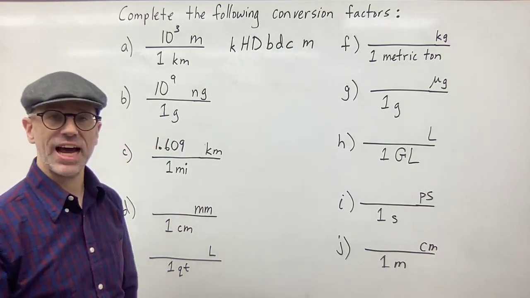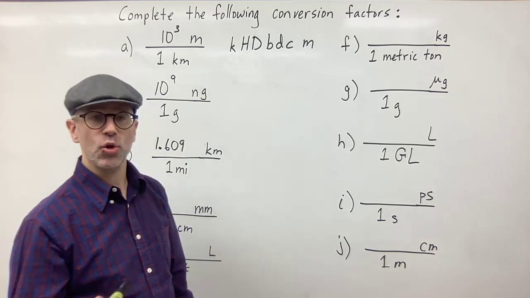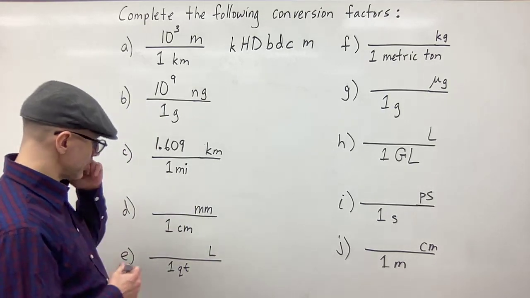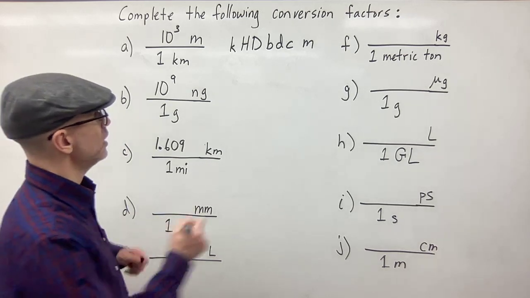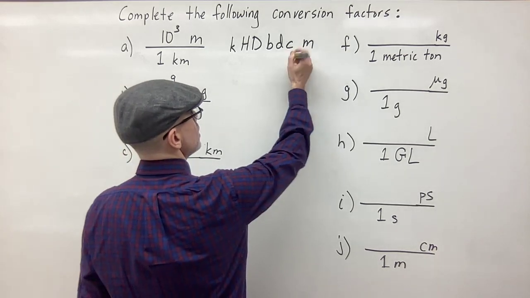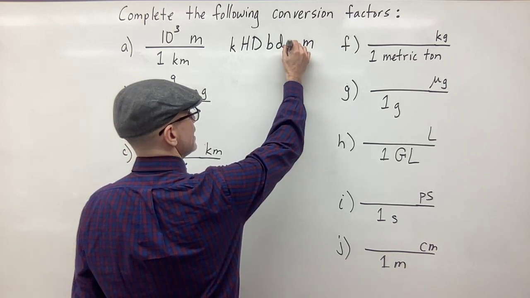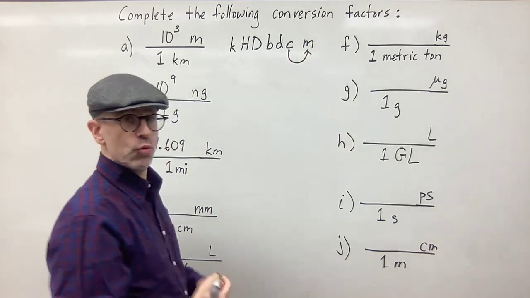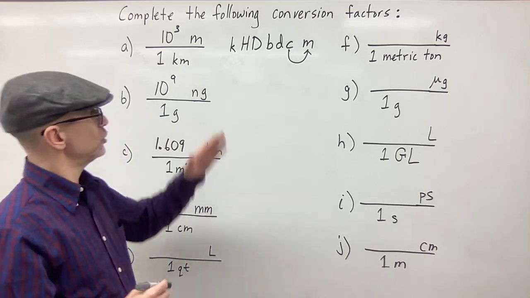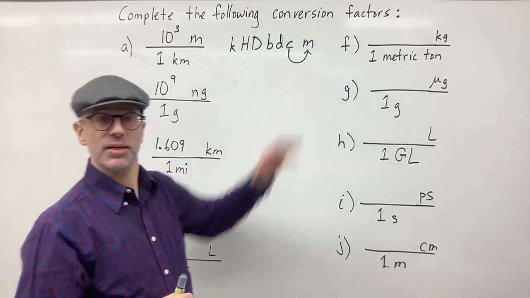So King Henry died by drinking chocolate milk. And so the way you can figure this out is I want to go from centi to milli. So here's centi. So I'm going to move over to the right one time to go from centi to milli.